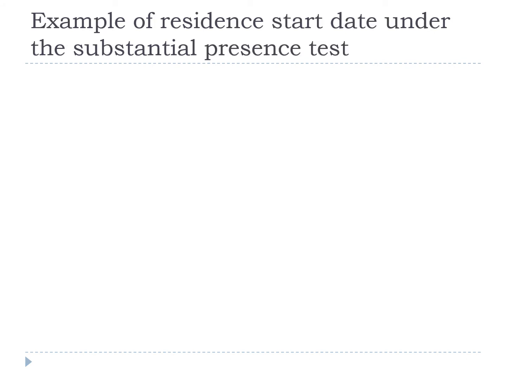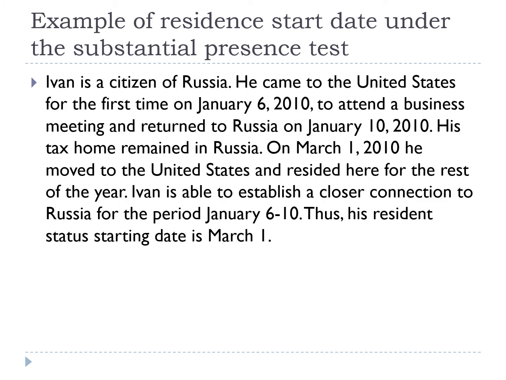Here's an example of the residence start date under the substantial presence test. Ivan is a citizen of Russia. He came to the United States for the first time on January 6, 2010, to attend a business meeting and returned to Russia on January 10, 2010.